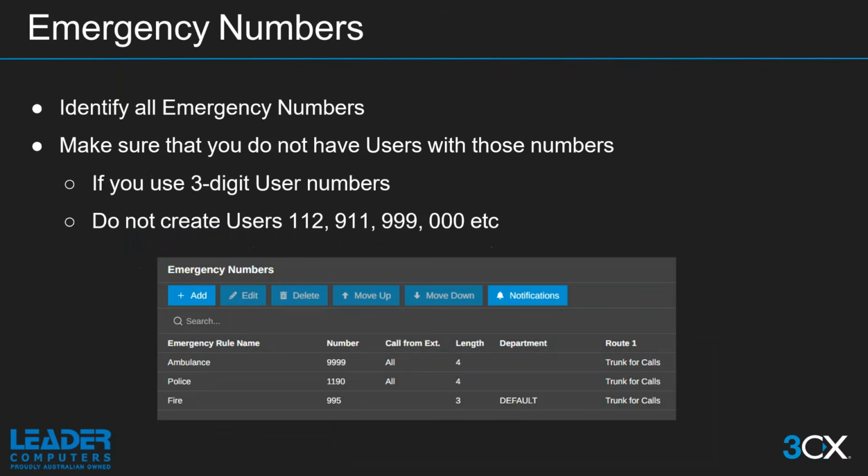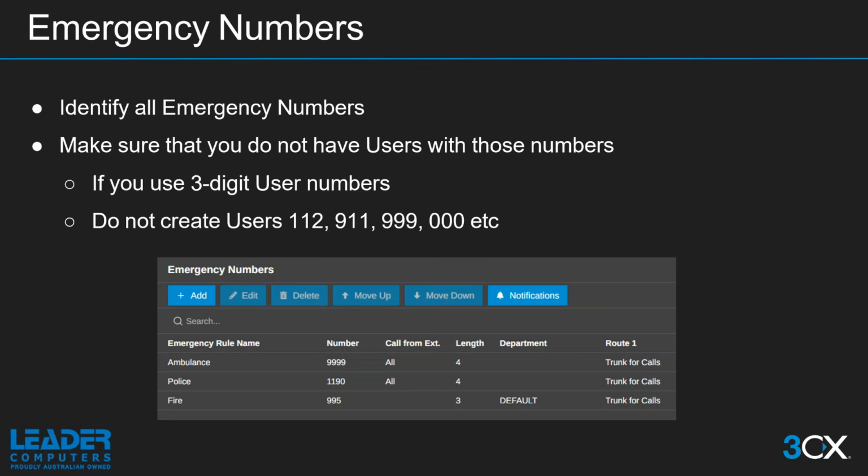Emergency numbers. When an emergency number is dialed, the PBX prioritizes this number and ignores any outbound in-office or out-of-office rules. And you need to make sure you do not create users that are basically an emergency number. For example, let's say you have a 3-digit extension, 3CX will allow you to create an extension as 000.